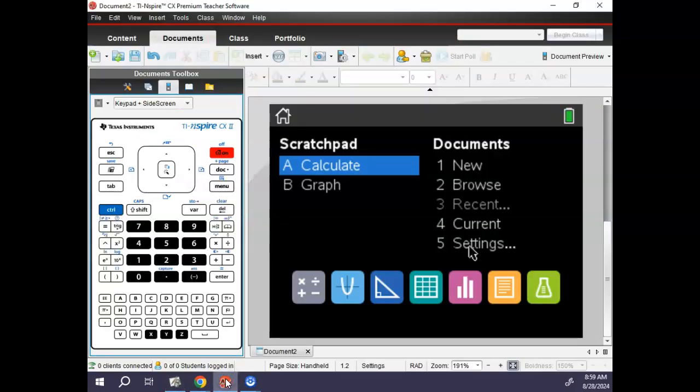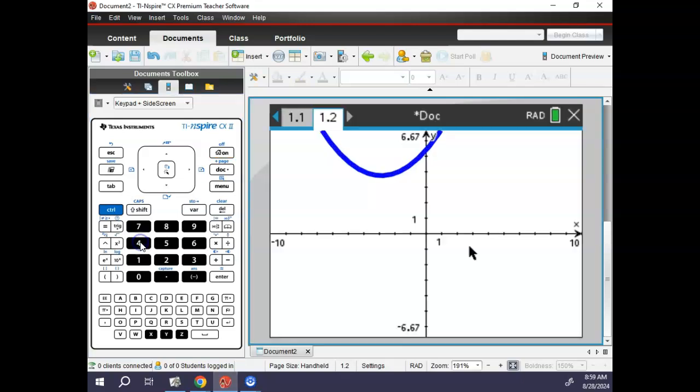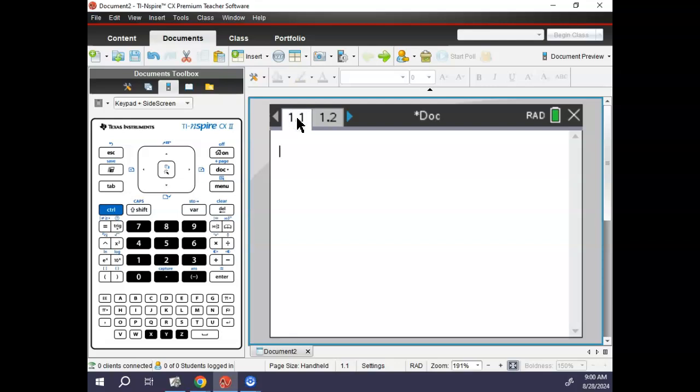Because we did this yesterday, when you hit the on button and you have this black screen, you can hit 4 for current. Even if it doesn't take you to the graph screen, it should take you to this one where you probably have some stuff typed in, but mine's cleared off. Okay? We good with that? That way, if we needed it again, we have it.